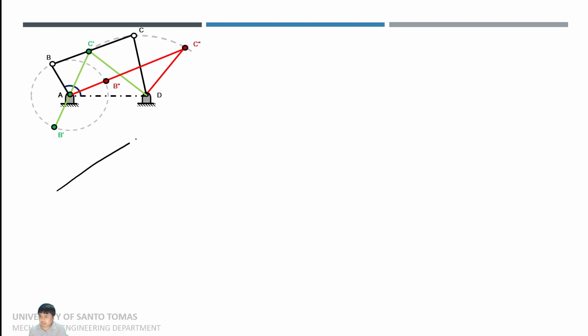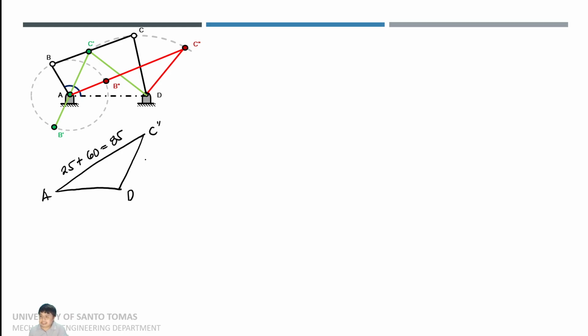Again, writing this down, you have here A, C double prime, and then B. The A to C here will be just AB plus BC, so this is 25 plus 60, that will be 85 centimeters.